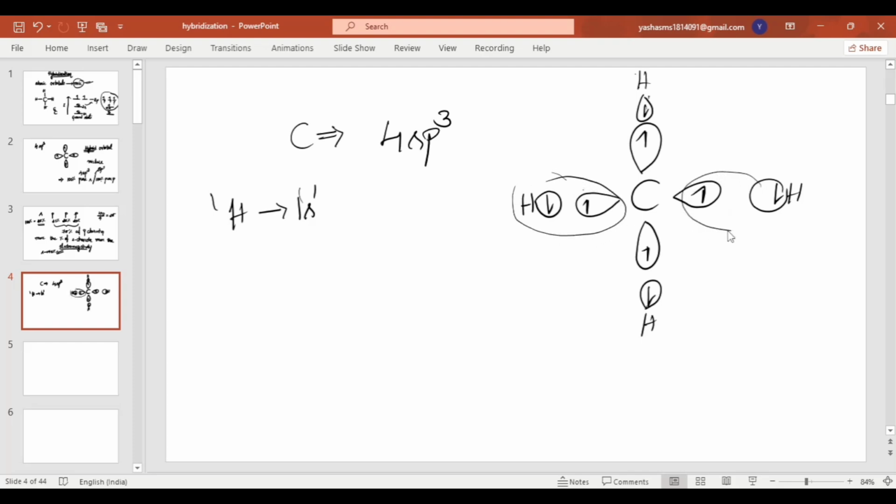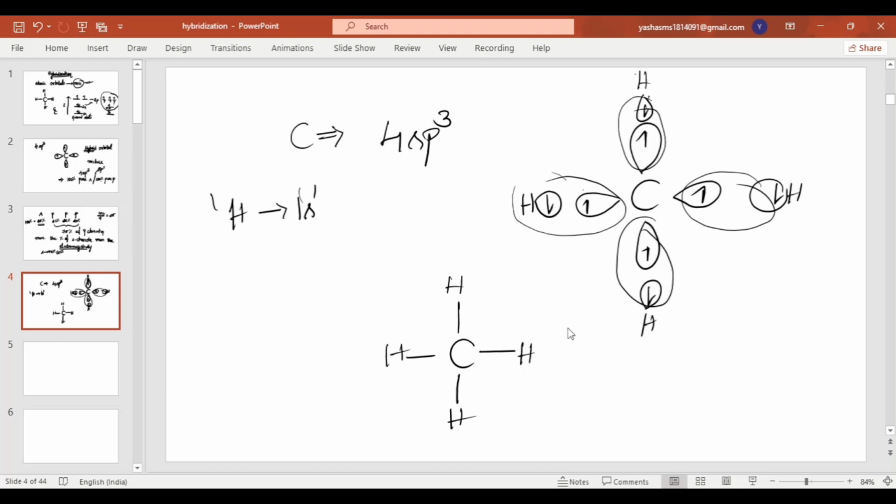The same thing happens here and here as well, to form the carbon-hydrogen bonds. This is a simple methane molecule.